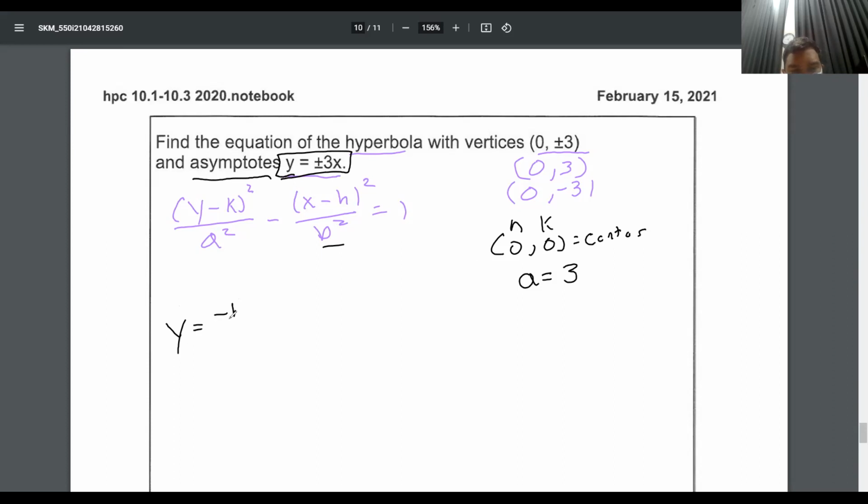Did I give you it like this, negative B over A, or did I flip A over B? No, the asymptote. It should be... So what if I switch this A and B?